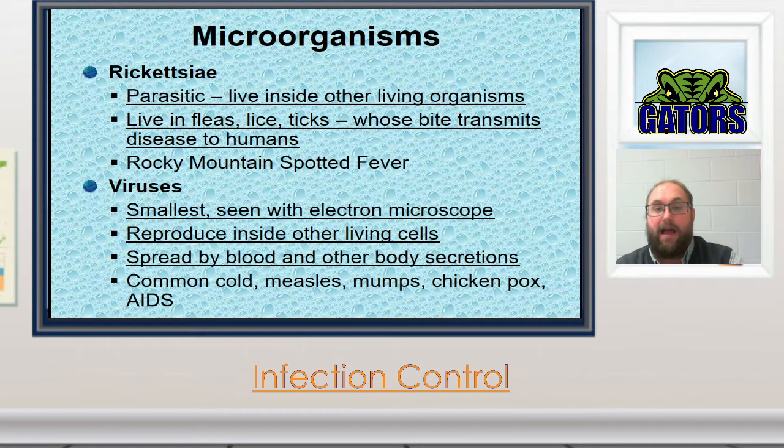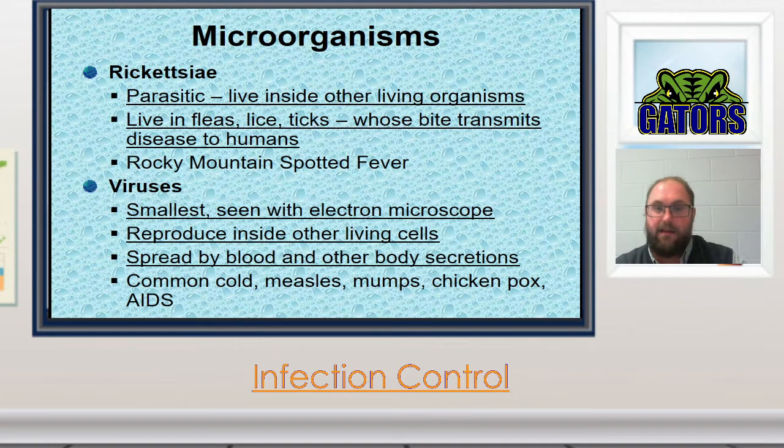Viruses. Viruses are all the rage in the modern time of understanding how viruses spread, particularly the one that's keeping us separated from each other right now. Viruses can only be seen with an electron microscope. They are the smallest type of microorganism that we know of.